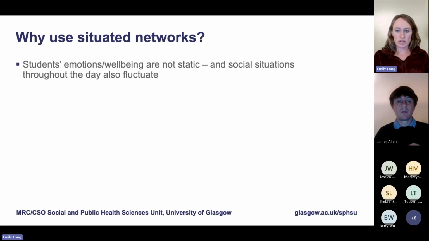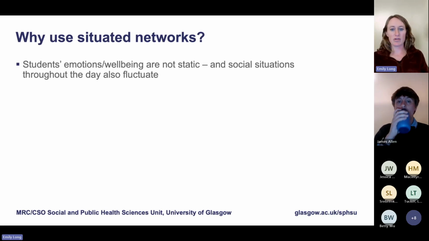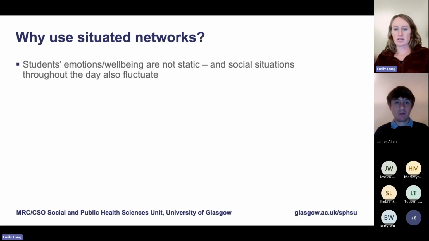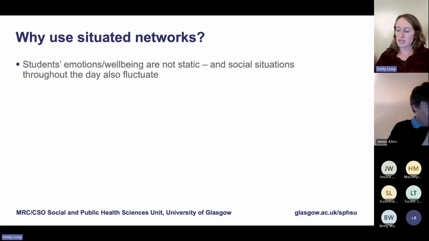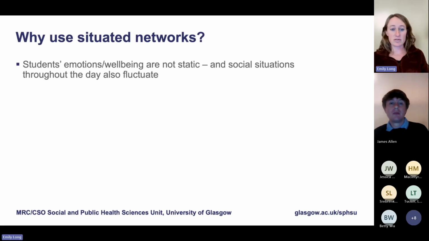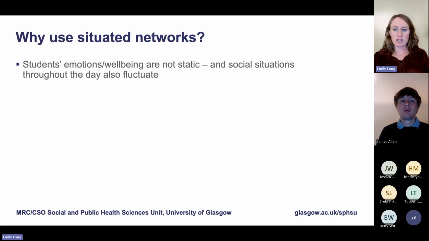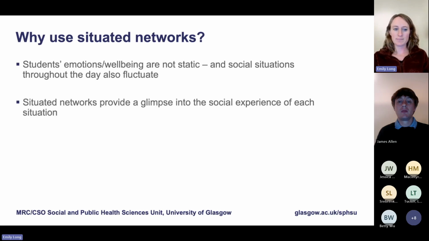So throughout the school day, they're likely to have fluctuations in how they're feeling, and these might correspond to the social situations that they're in. They're presented with a bunch of different people, a bunch of different social situations, some of which they have a say over and some of which they're just forced into, and their well-being and their stress and loneliness may fluctuate in response to the social situation.